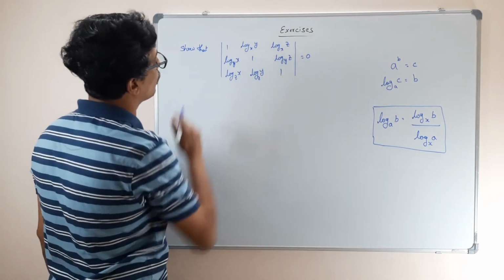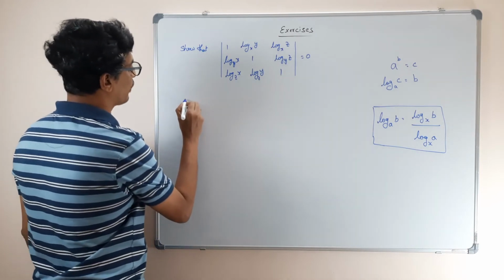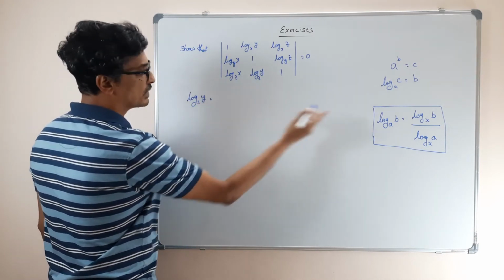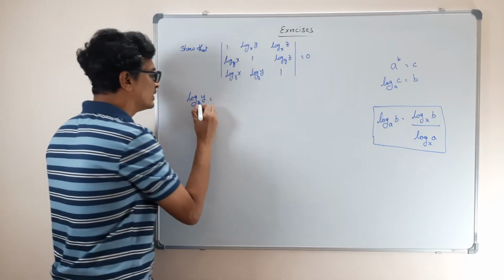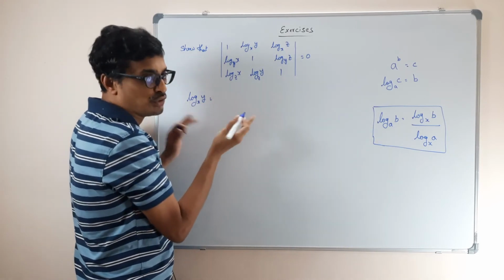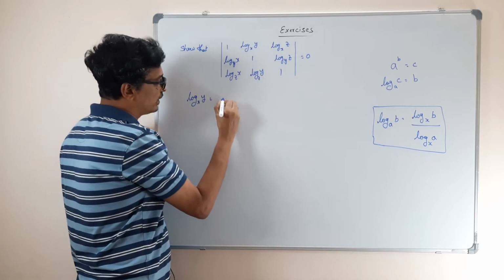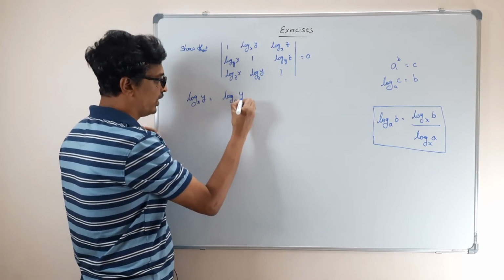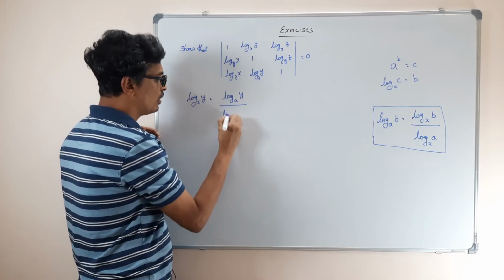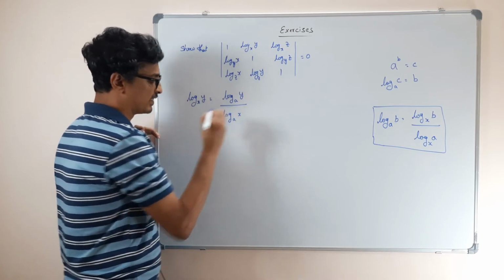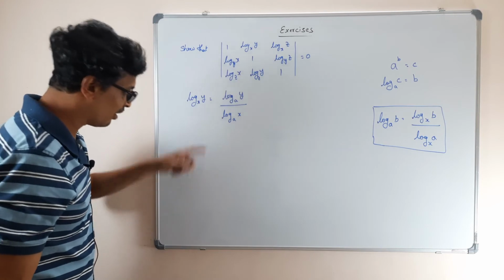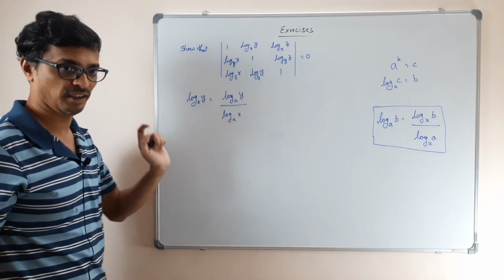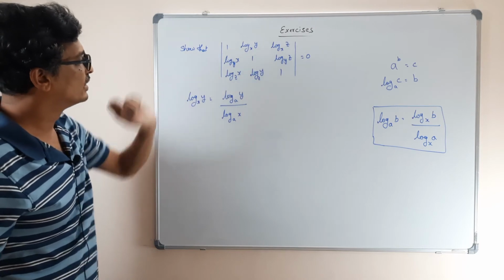So how are we going to do this? We have log xy. So we can write log xy using the same property. They already gave x, y, z, so we'll use a. I can write it as log base a of y divided by log base a of x. So I can write this one like that.